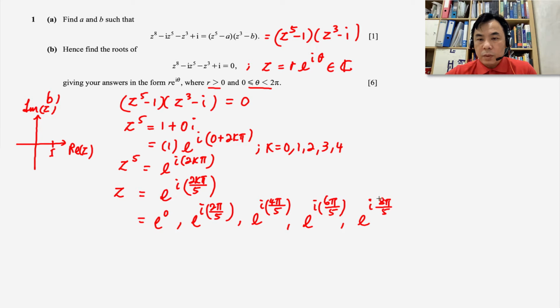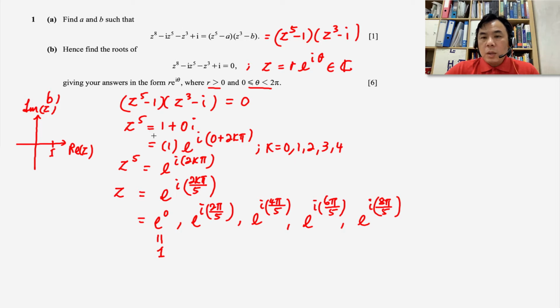Always check whether it still falls within that domain. Yes, it still falls within that domain. Therefore, you can rewrite this, whereby this is basically just a 1. And there you have it. Those are our 5 roots given by this factor.